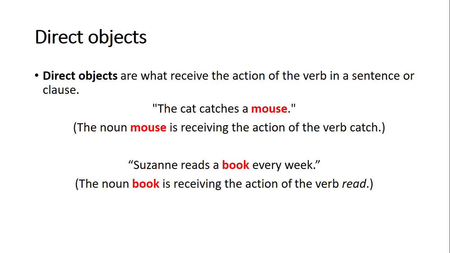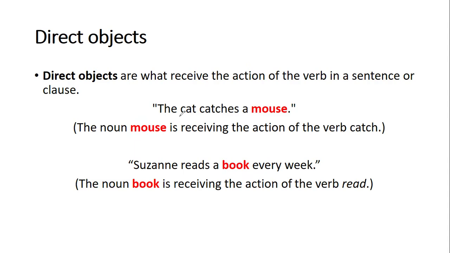So let us start. What are direct objects? In English grammar, direct objects are what receive the action of the verb in a sentence or a clause. It directly receives the action of a verb. For example, let us go through our first statement. The cat catches a mouse.